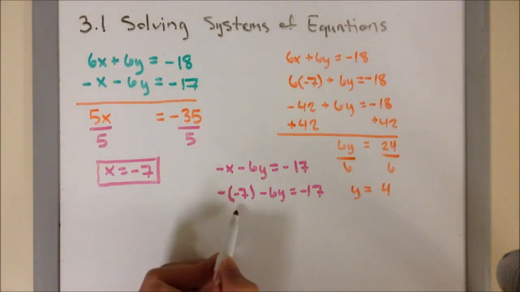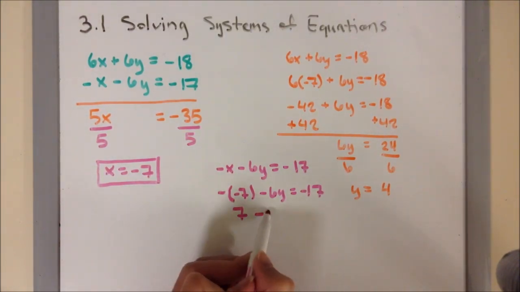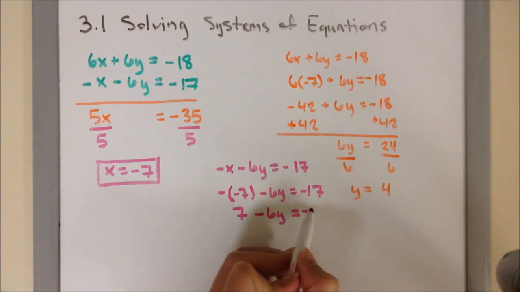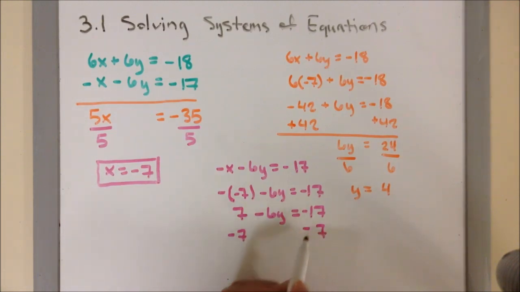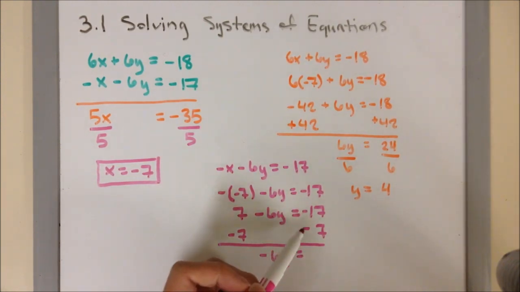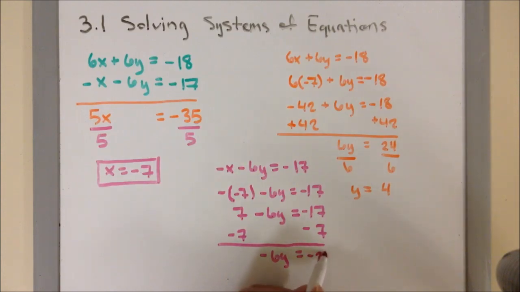And then this would become positive 7. Then minus 6y equals negative 17. So I'm going to cancel out the positive 7, which is subtract 7 on the left, subtract 7 on the right. So it's going to be negative 6y equals, now negative 17 minus 7, that would be negative 24. So I'm going to divide both sides by negative 6. Doing so, I'm going to get y equals negative 24 divided by negative 6, which is a positive 4.